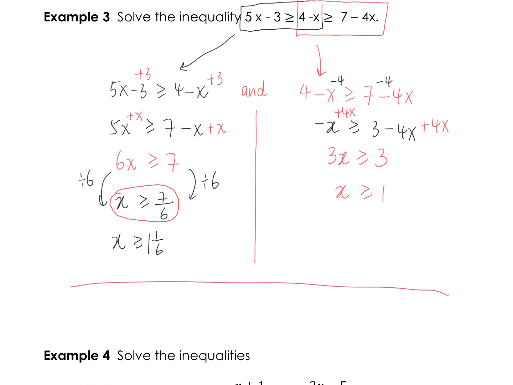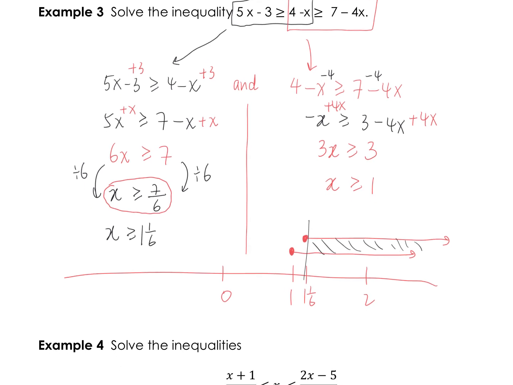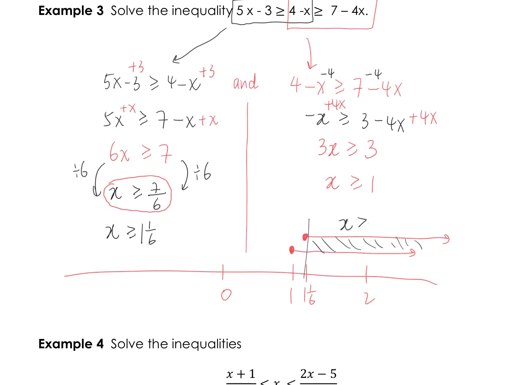So 2 sets of solution. So 1, 6 maybe here. Okay, so final solution is all the x greater or equals to 1 whole and 1 6.